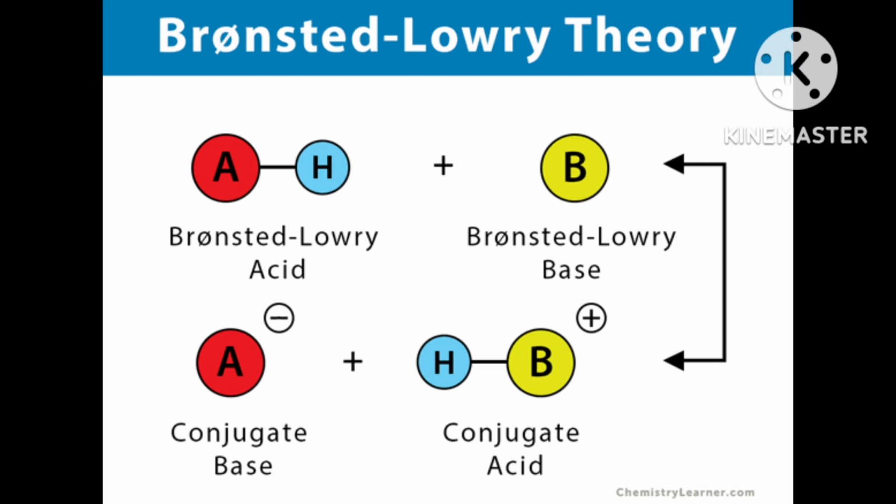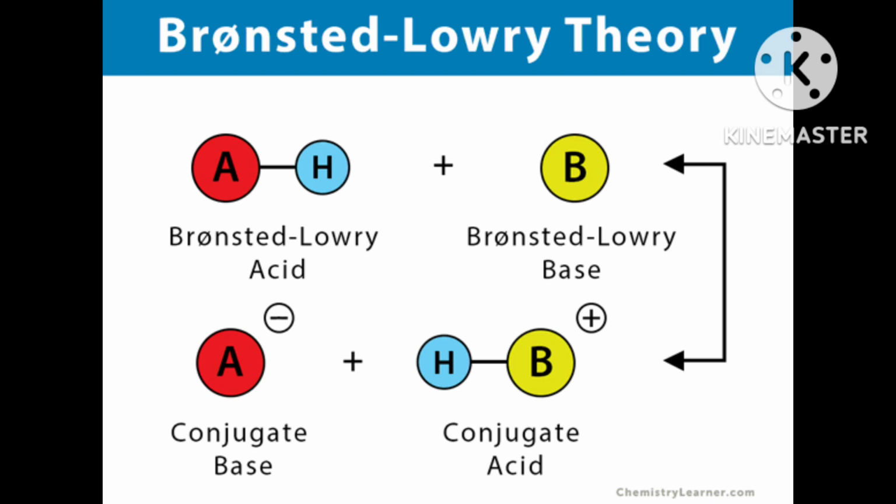Because H plus is lost, the conjugate base should have one proton less in each case. In the case of HF, the conjugate base is fluoride ion, F minus anion.